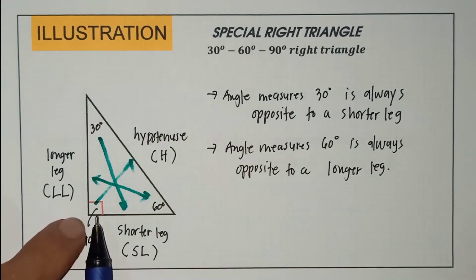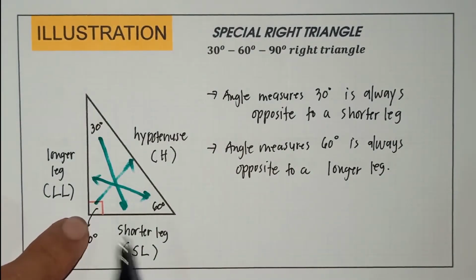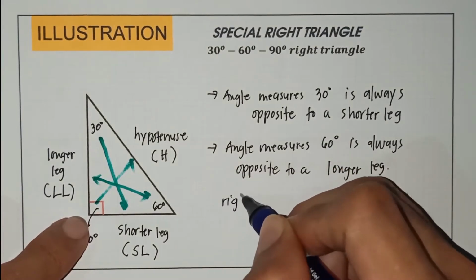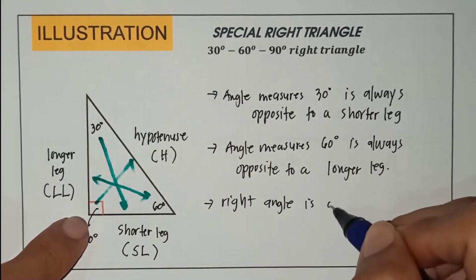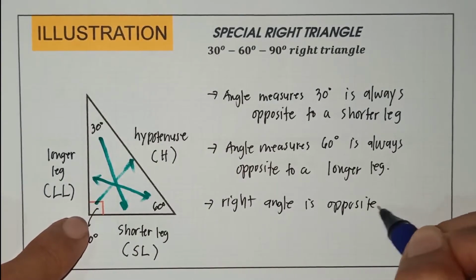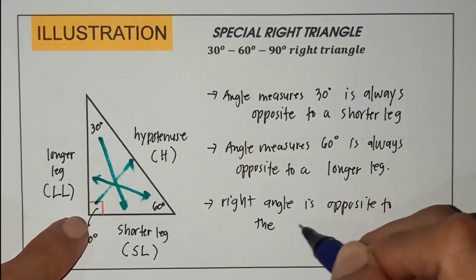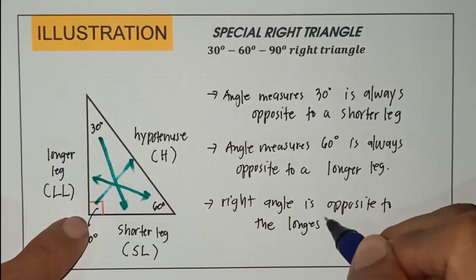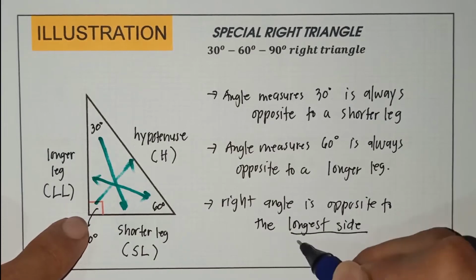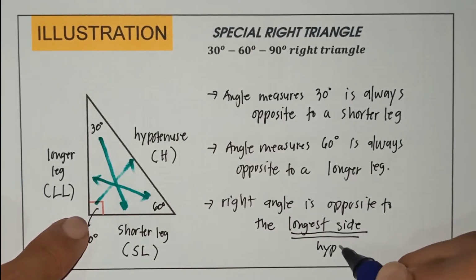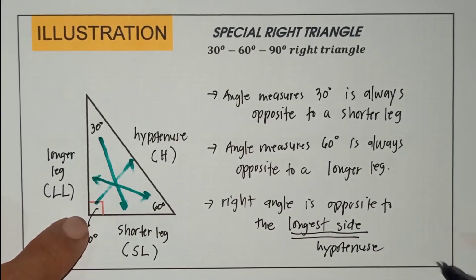And of course, the right angle is opposite to the longest side that we call the hypotenuse.